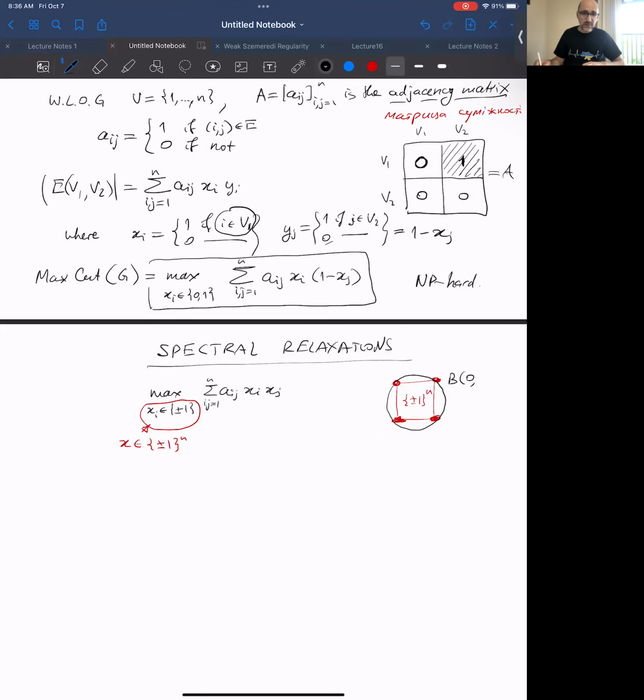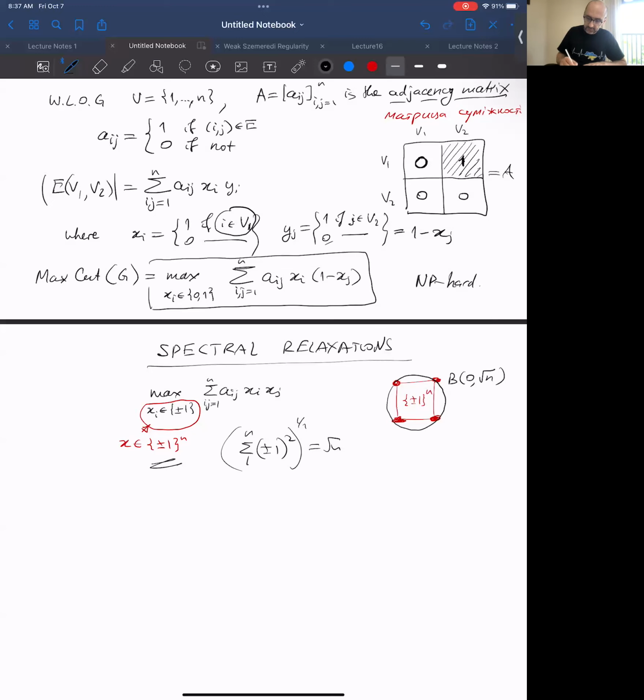And let's think, what's the radius? What's the Euclidean norm of each vector in {plus or minus 1}^n? It's the sum of plus or minus 1 squared, n times, then take the square root, that's root n. So the circumscribed ball has radius root n, and that's our relaxation.